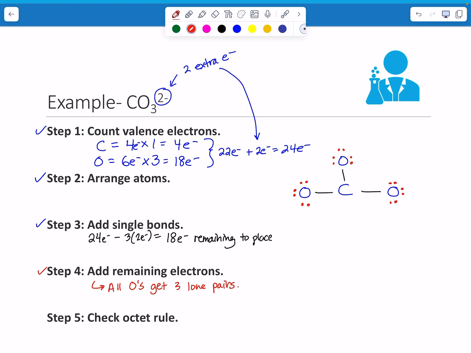Our last thing we need to do is check the octet rule. Oxygens are okay. How about the carbon? Nope. Our carbon has how many electrons around it? It's only got 6.